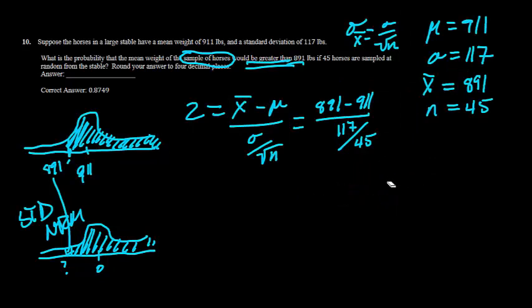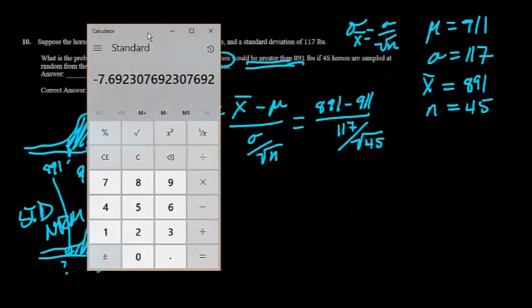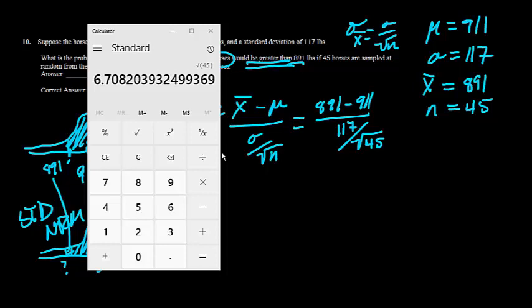This is why we have a general understanding before we get started on these things. Square root of 45. That was our mistake. Let's go back and do it again. And that's why we started with the denominator, because we can take that 45 and square root it first. Then we can calculate all the others. So that's 6.708.